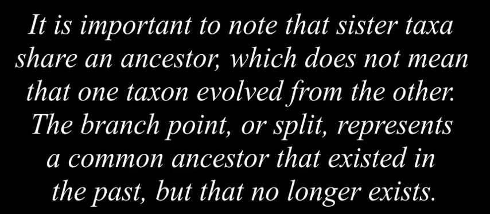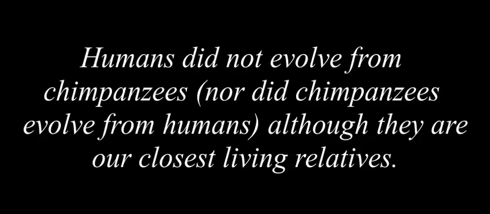It is important to note that sister taxa share an ancestor, which does not mean that one taxon evolved from the other. The branch point or split represents a common ancestor that existed in the past, but that no longer exists. Humans did not evolve from chimpanzees, nor did chimpanzees evolve from humans, although they are our closest living relatives.